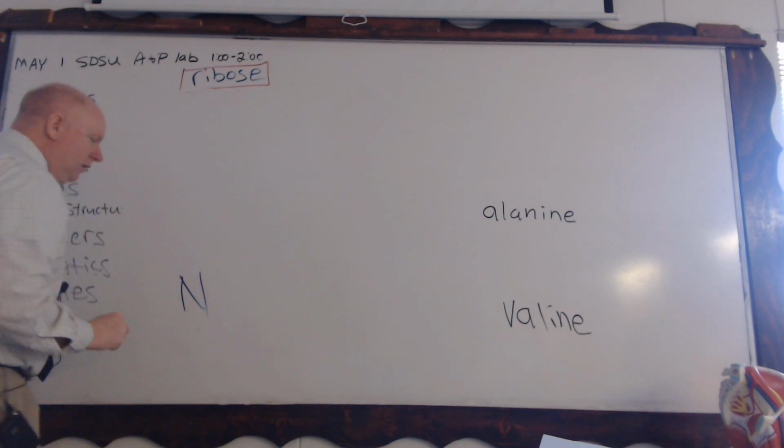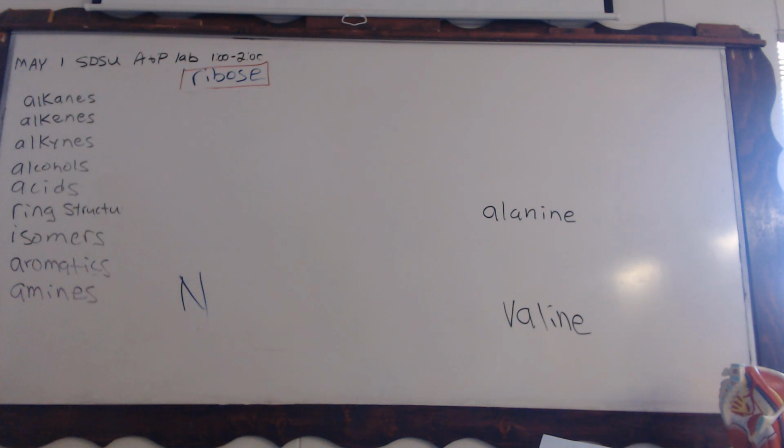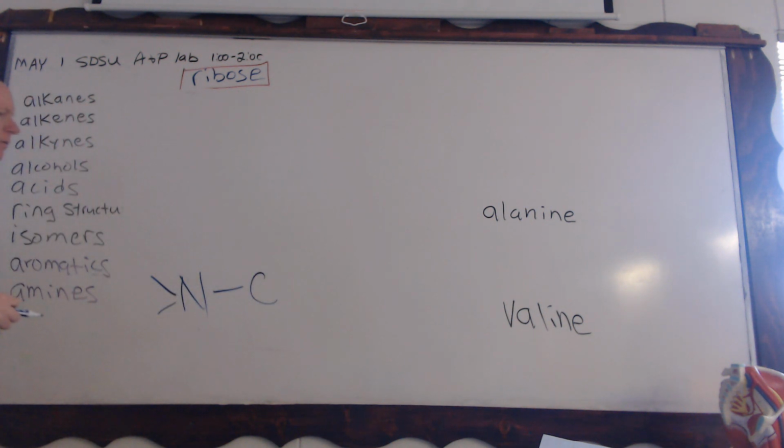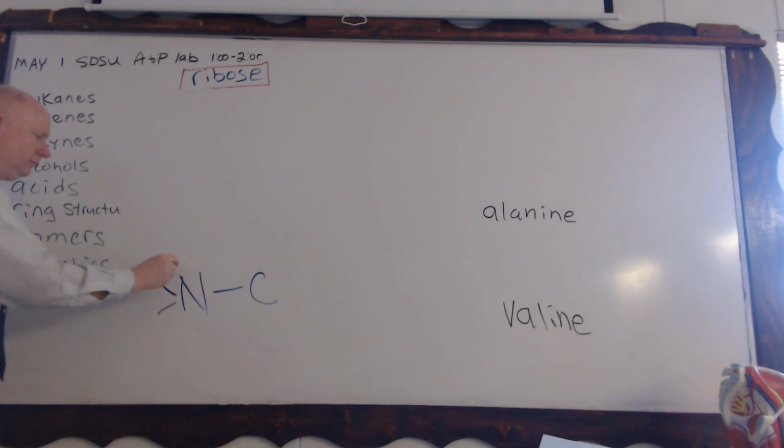Nitrogen. Then what? Okay, bonds onto a carbon. 2 unshared electrons, that's right.